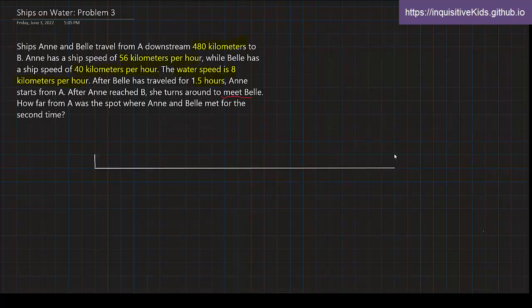So we have 2 points, A and B, and it's a total of 480 kilometers. So this is Anne, and this is Belle. By the way, we know that it's going downstream first.